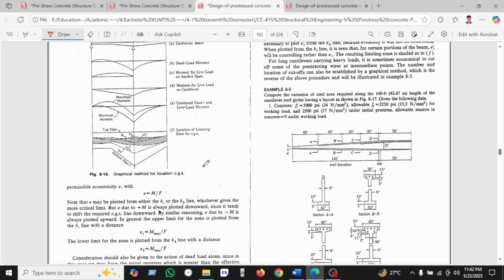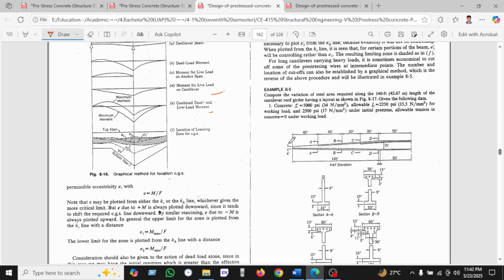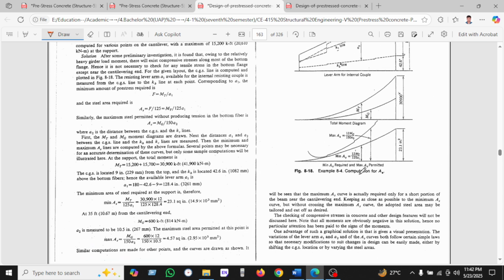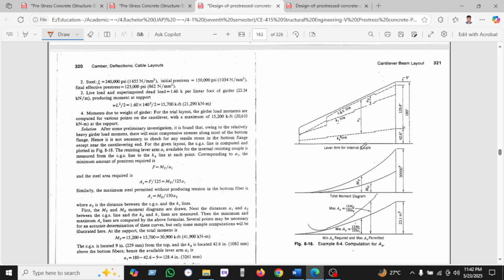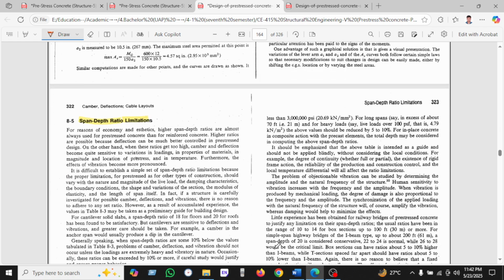The graphical method for CGS we can see here: the cantilever beam, dead load moment, live load, and live load cantilever, and so many things. And we can see here some lever arm couple, total moment diagram, and examples.